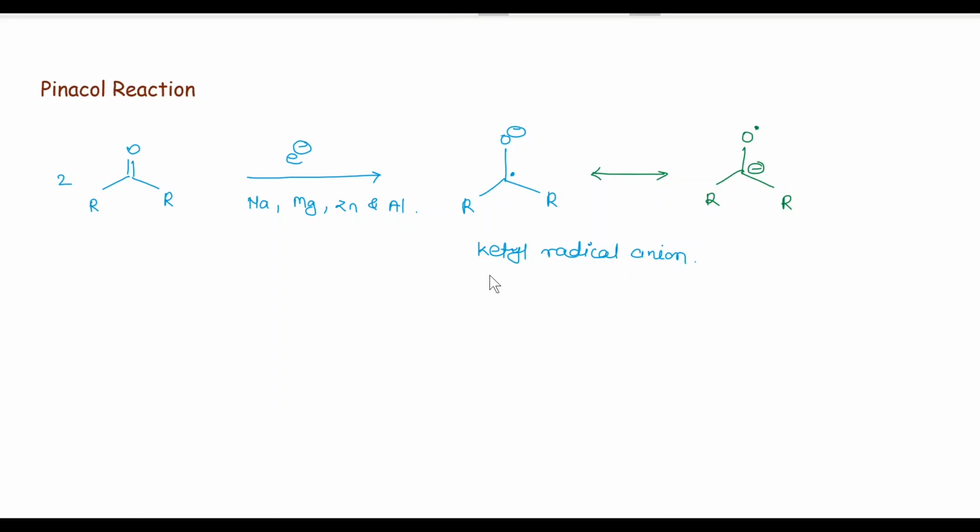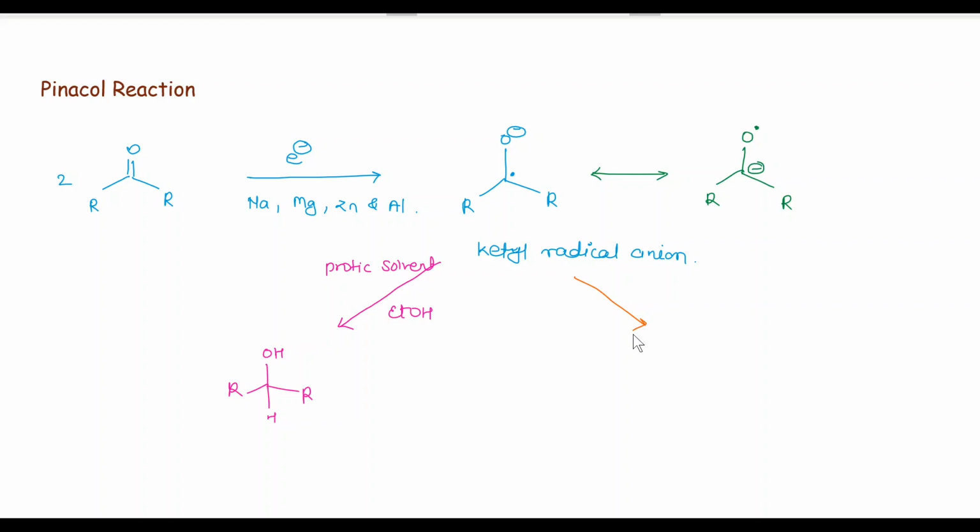This ketyl radical anion in presence of protic solvent like ethyl alcohol, we get this alcohol as a product.